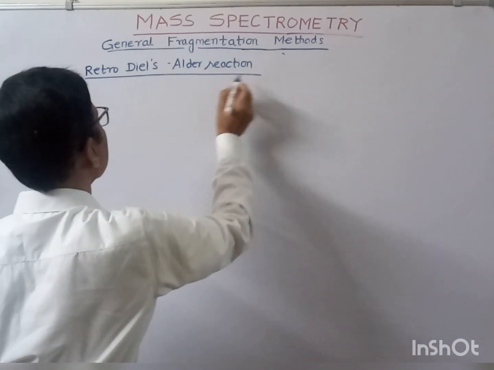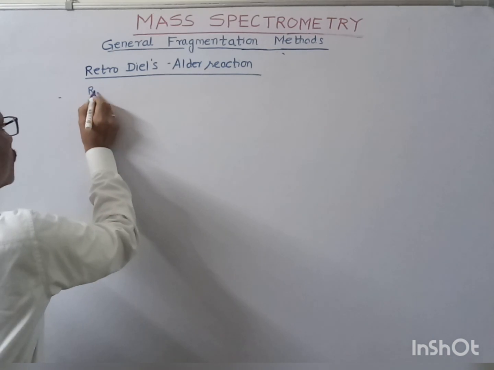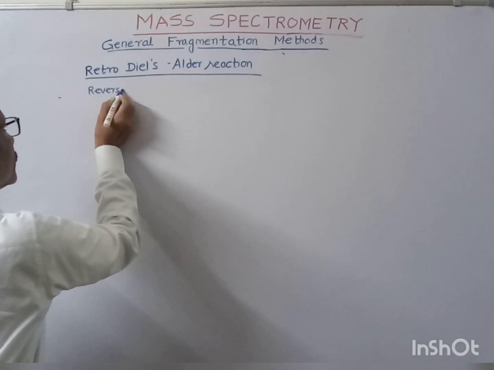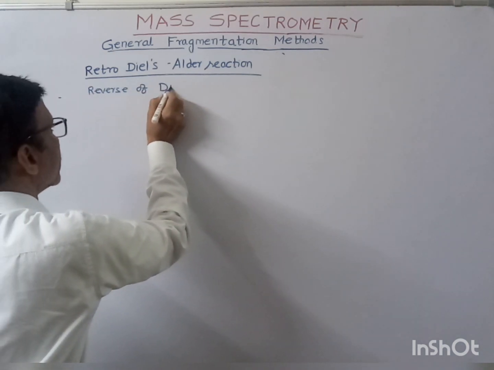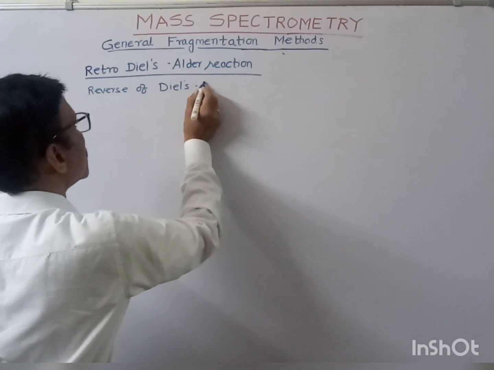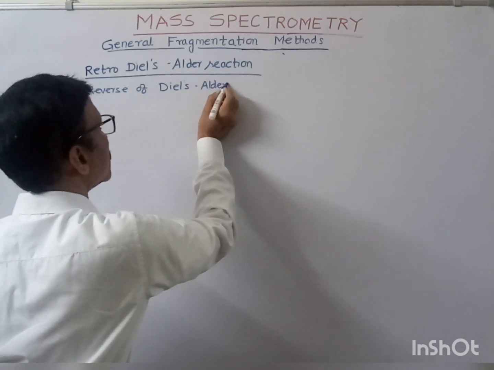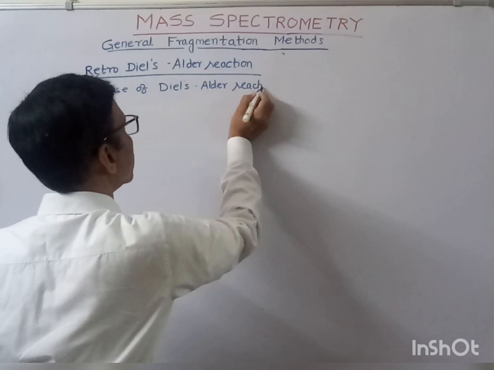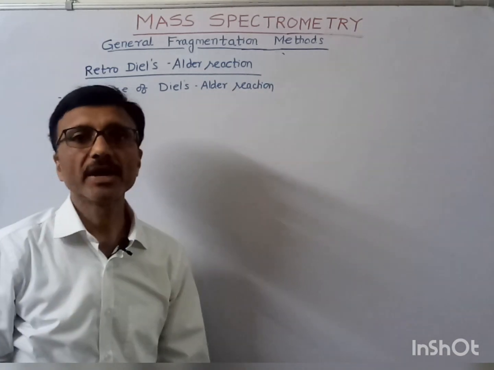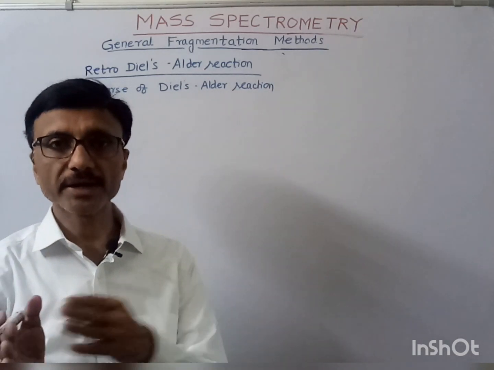Now all we know that this is the reverse of the Diels-Alder reaction, and we know that in the Diels-Alder reaction we have the diene and dienophile.